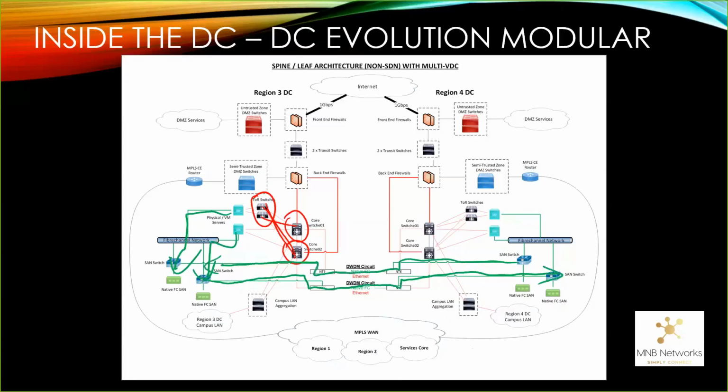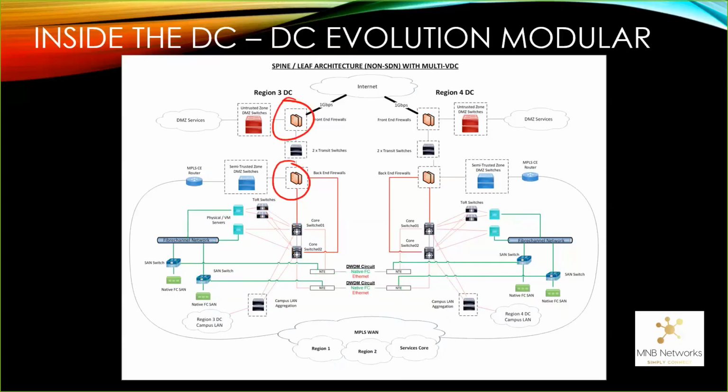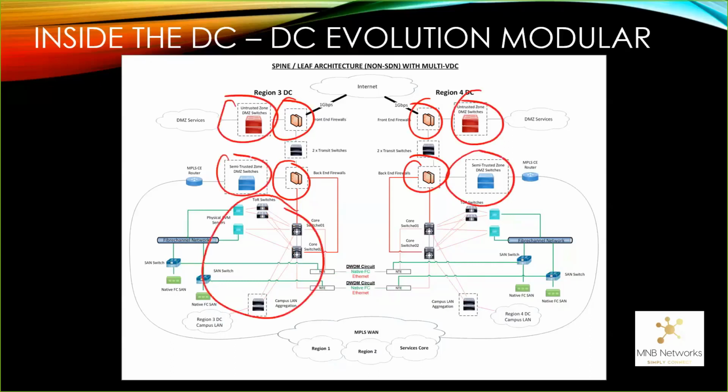So that is what I've seen more in maybe the last 5 to 7 years, where we have front end back end firewall, front end back end firewall, and then we have different zones: data center, DMZ, and external, and also sometimes semi-trusted.